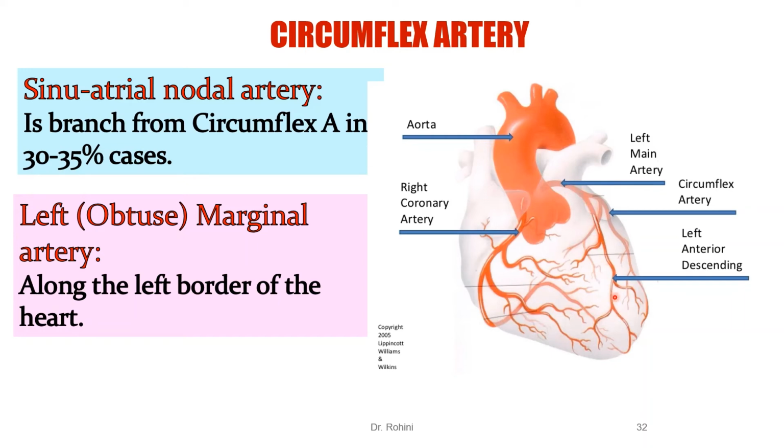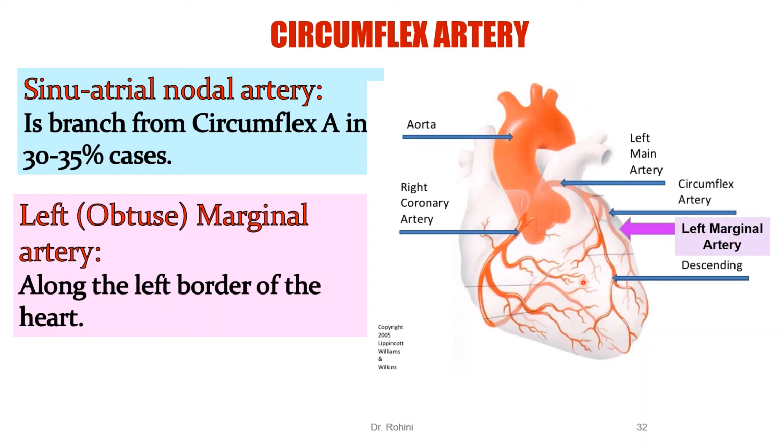One of the branches from circumflex runs along the left border of the heart, a larger branch. It is called left marginal. Here was a right marginal artery, which was a branch from one of the ventricular rami. Here, one of the branches from circumflex artery runs along the left margin of the heart, left marginal artery, also called obtuse marginal artery. This one.